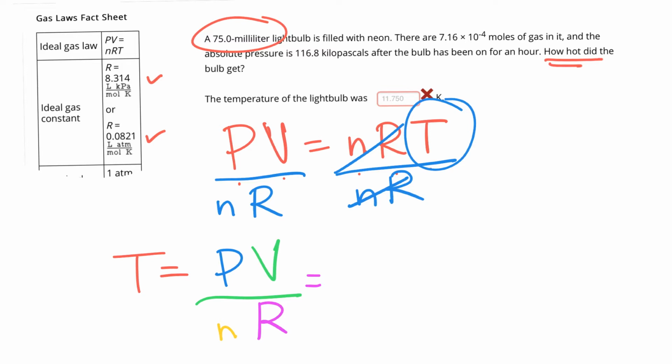So my pressure is 116 kilopascals. And I'm going to multiply that by my volume. Remember, I need to change that to liters, okay? So 75 milliliters, we need to go 3 places to the left to convert to liters.